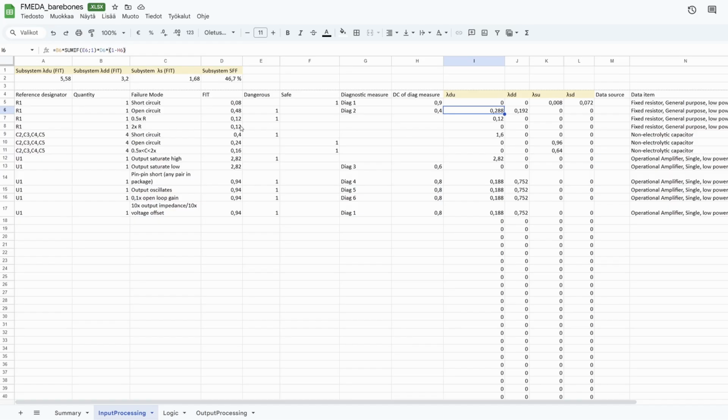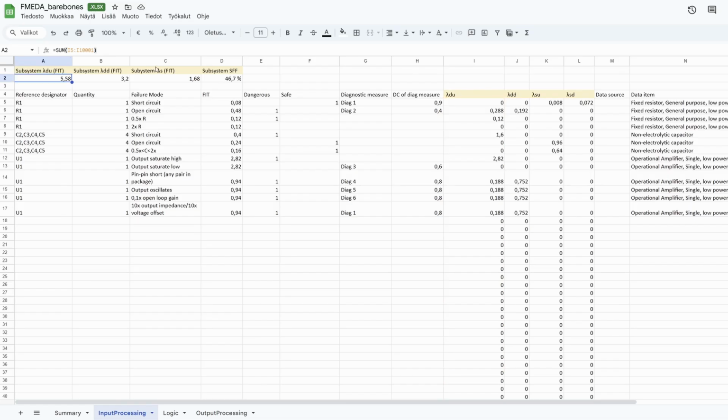In the end, we will go through all of the components and all of the quantities, and we will arrive at these columns that are summed together. We will especially want to calculate the subsystem undetected failures.